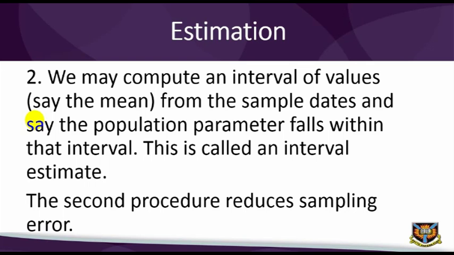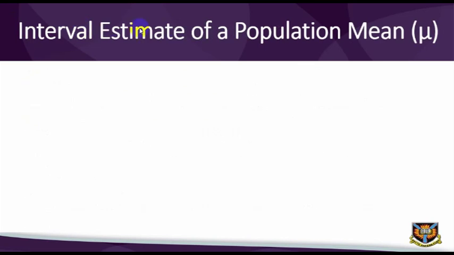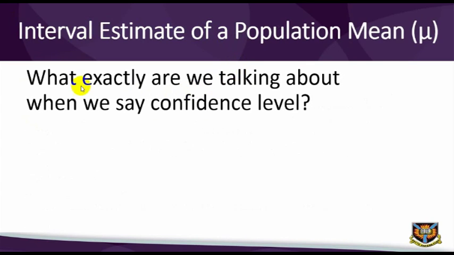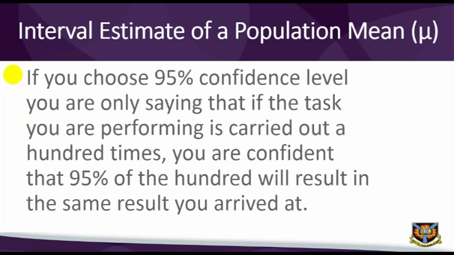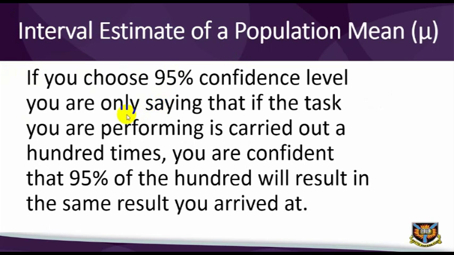Interval estimate of a population mean, mu. Some students often ask the question, what confidence level should I use for my research work? Is it 95% or 99%? Well, there is no hard and fast rule about choosing 0.05 or 0.01.